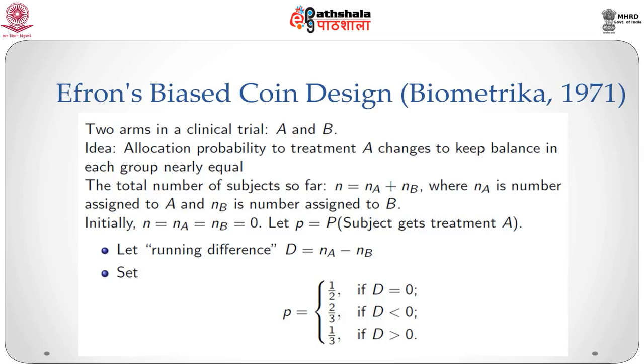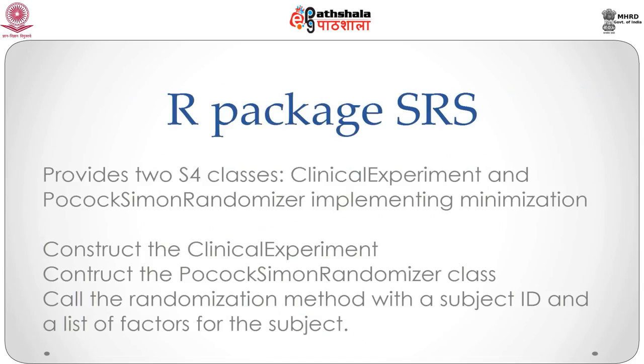Finally, let us look at the R package SRS, which implements the procedure of minimization. It provides two S4 classes called ClinicalExperiment and PocockSimonRandomizer. The typical usage is that we first construct the clinical experiment, then construct the PocockSimonRandomizer class using the clinical experiment as an argument, and then we call the randomization method with certain subject-specific inputs.